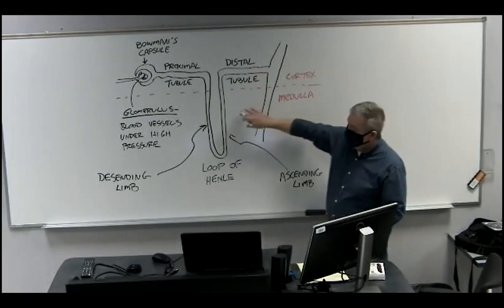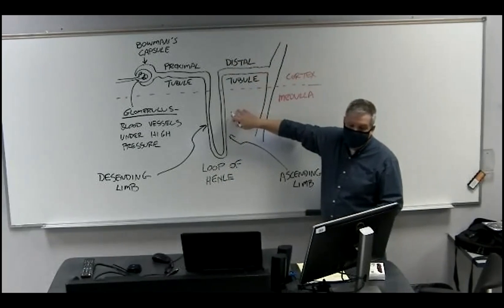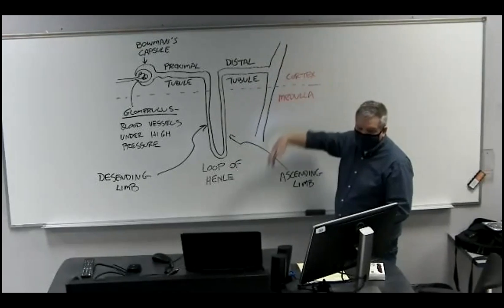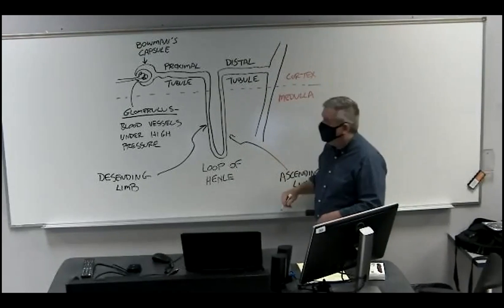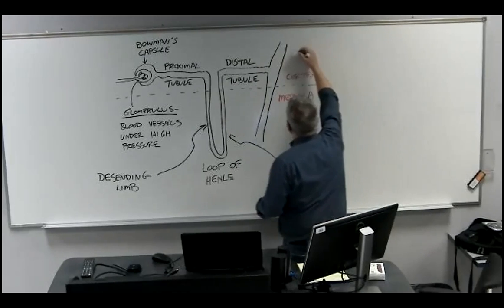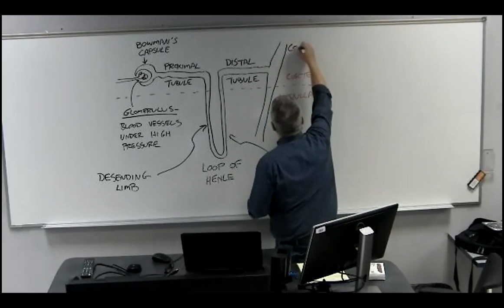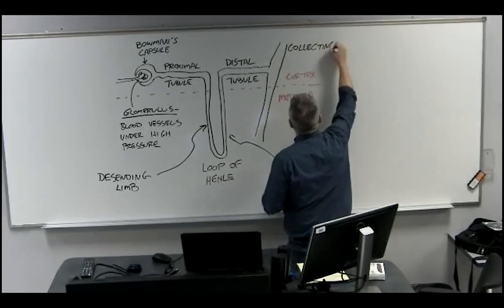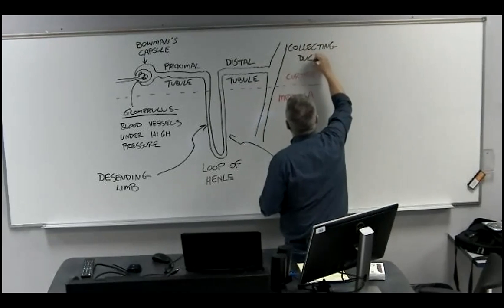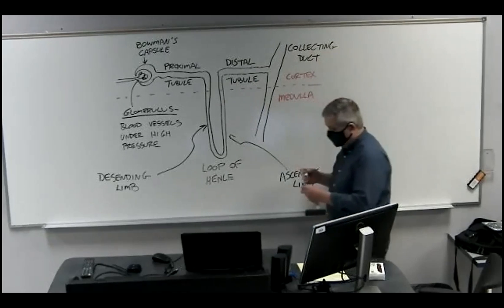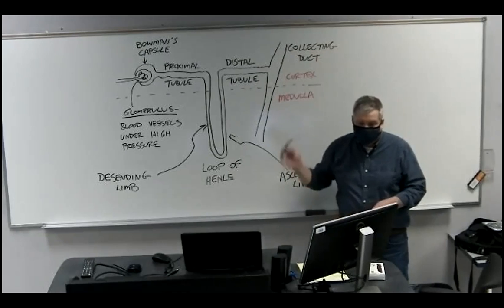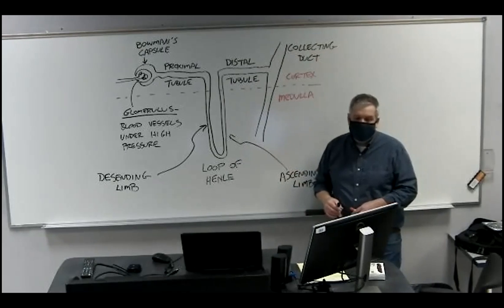And again, the collecting duct, just like the loop of Henle, goes from the cortex of the kidney down into the medulla of the kidney. Okay, so those are the parts of the nephron.